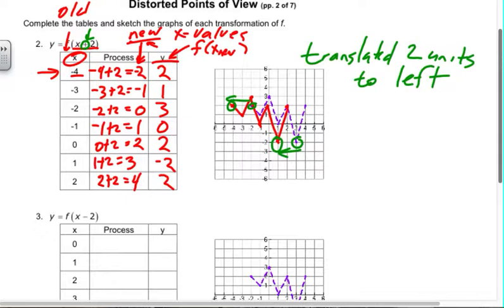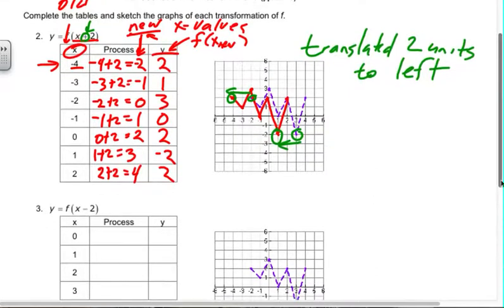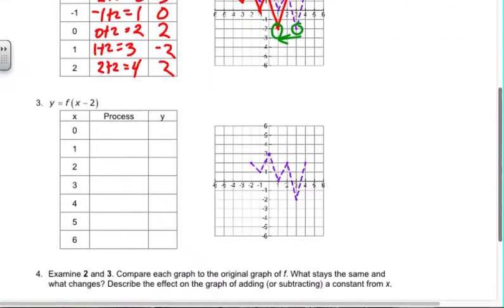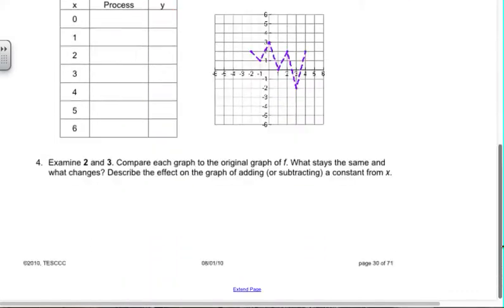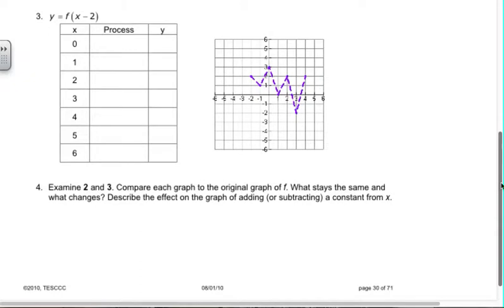So now let's pop down and take a look at number 3 and see what it is doing. Okay, again, I deal with the same kind of thing I had before, except I'm going to take these x values, I'm going to subtract 2 from them.